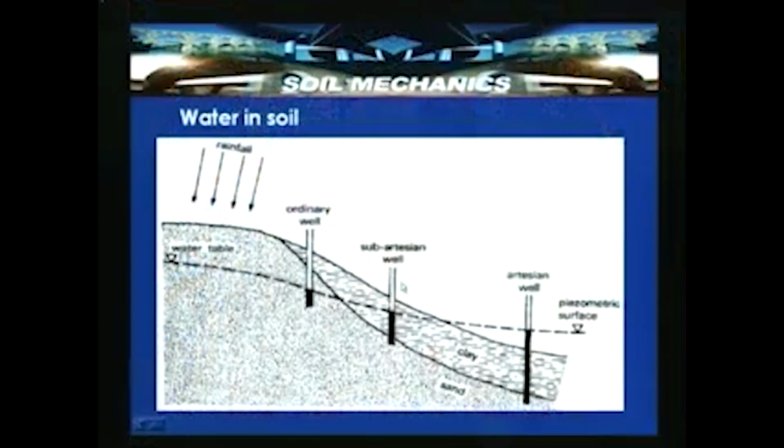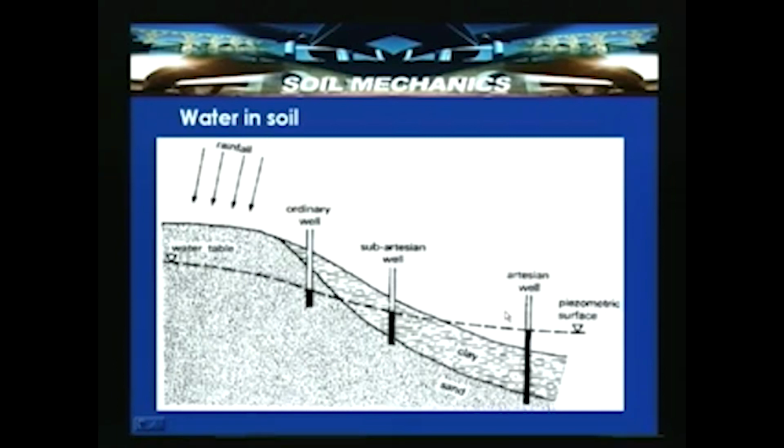Here the subartesian well has a certain amount of pressure, but not more than the artesian condition. This is the conventional ordinary well which appears at the groundwater table. So, what we have seen in this slide are the ordinary well, subartesian well and artesian well.